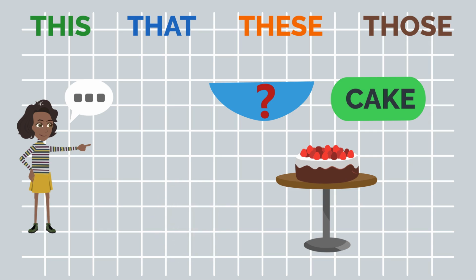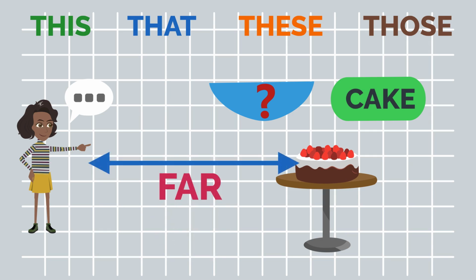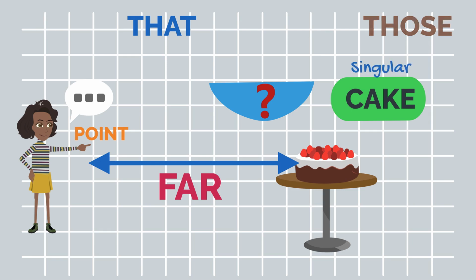The cake is far from the speaker. She can point to it. The noun cake is singular. That cake.